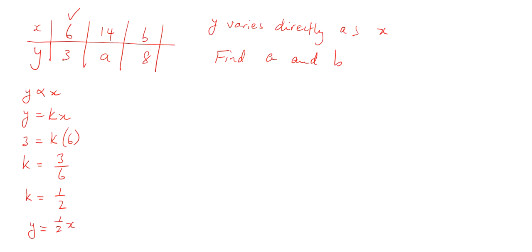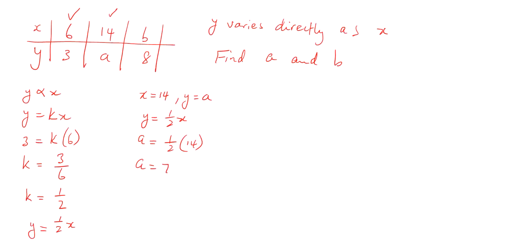Okay, so now let's find a. So we know that when x is equal to 14, y is equal to a, and the equation is y is equal to half x. So therefore a is equal to a half multiplied by 14, which gives me 7. So therefore a is equal to 7.